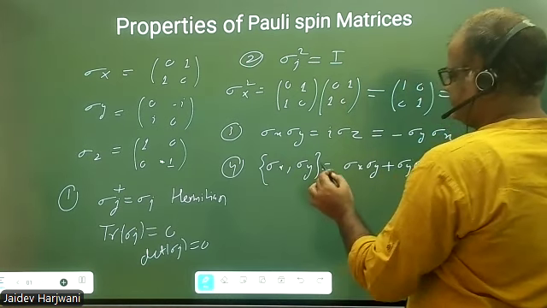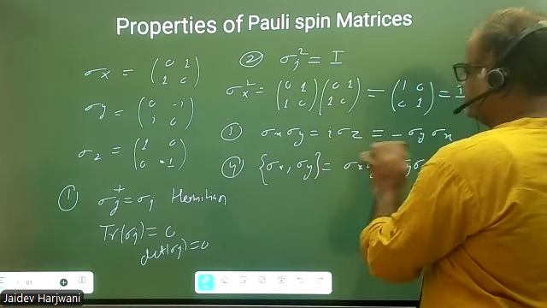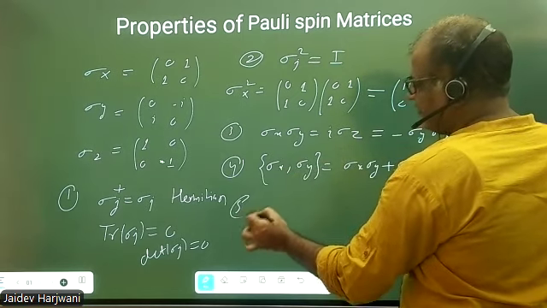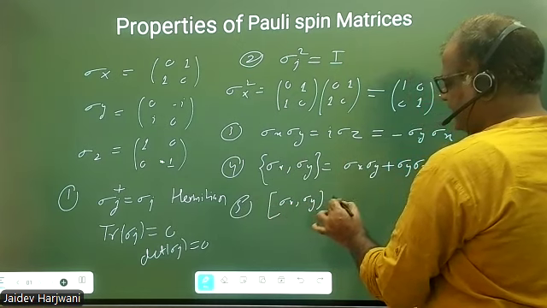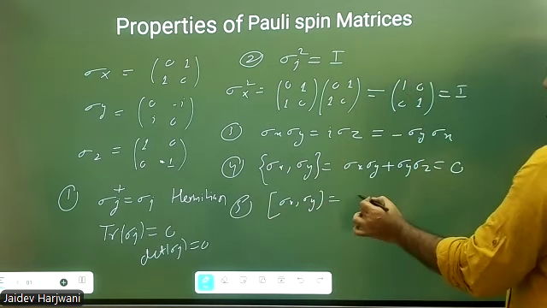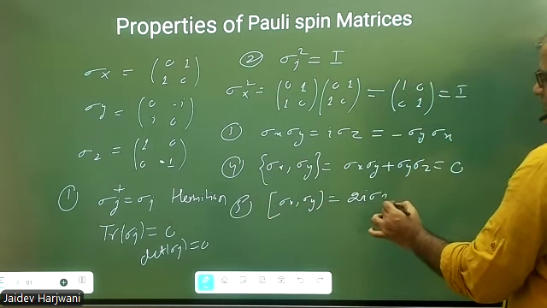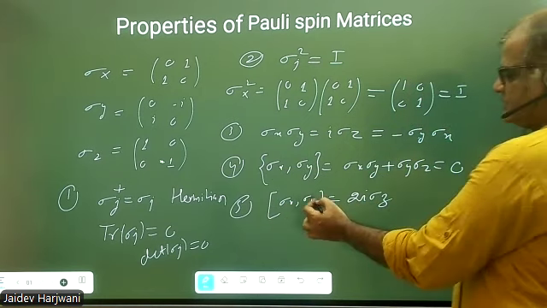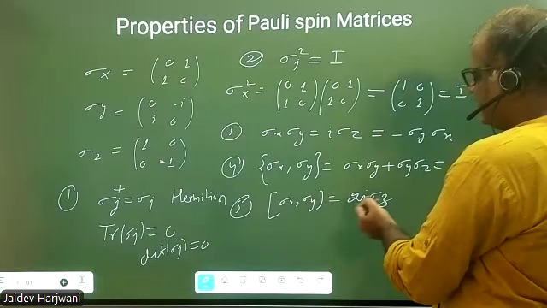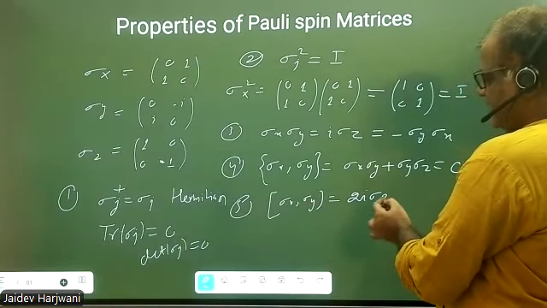Then you can find the commutator of sigma x and sigma y. It will give you 2 iota sigma z. Similarly, if you take sigma y and sigma z, then you have 2 iota sigma x.